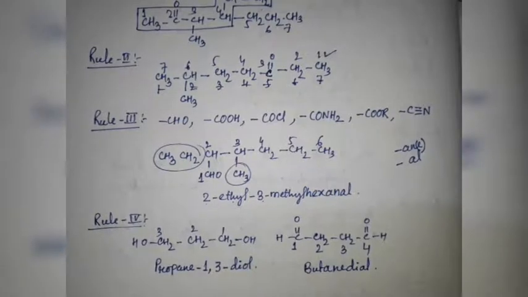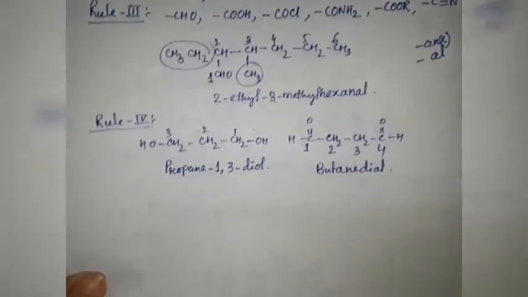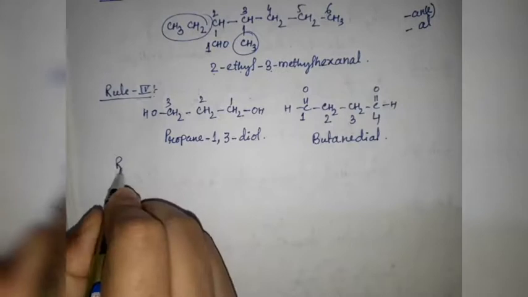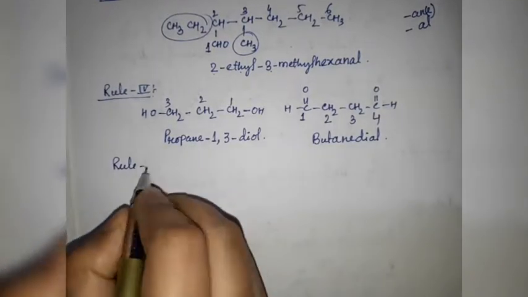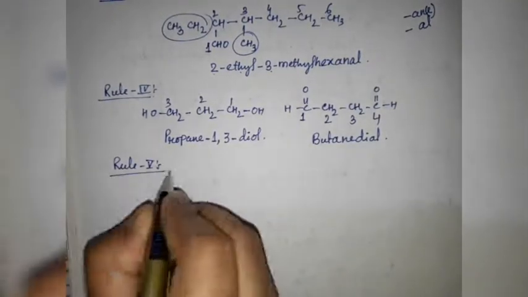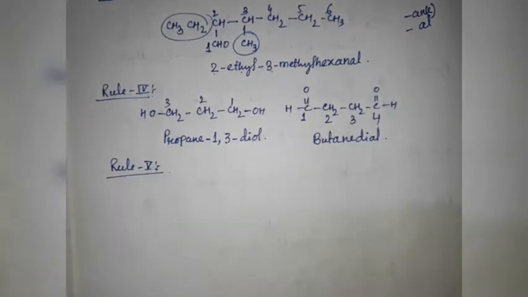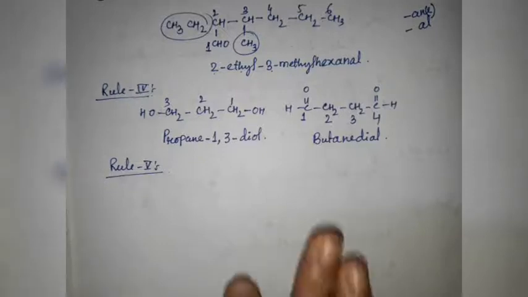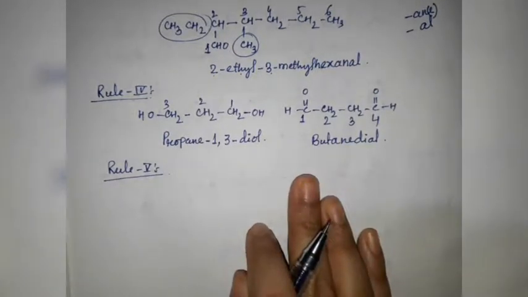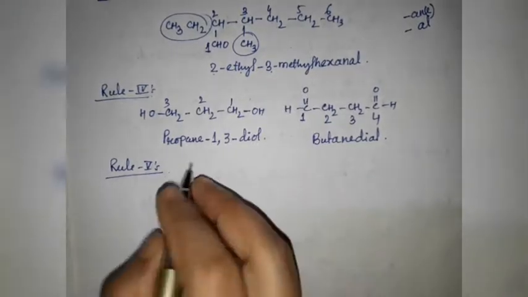Now rule number 5. If an organic compound contains more than 2 similar terminal functional groups and all of them are directly attached to the parent chain, then none of them are considered as a part of the parent chain, and special suffixes are added for those groups.